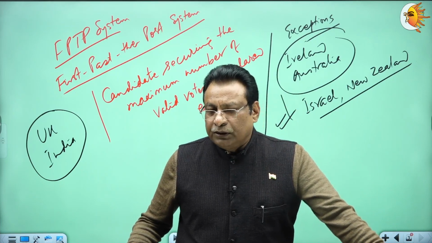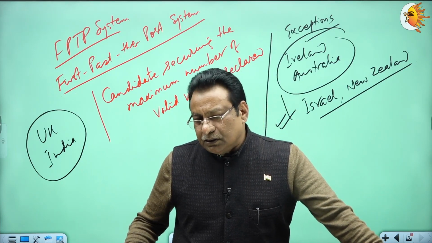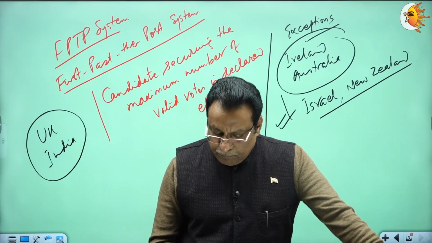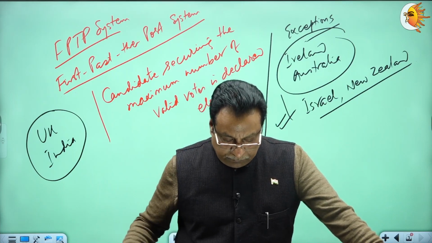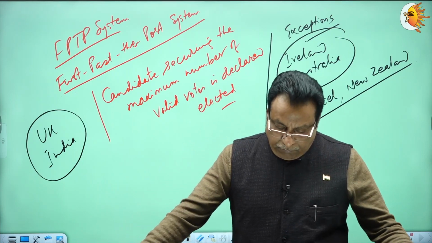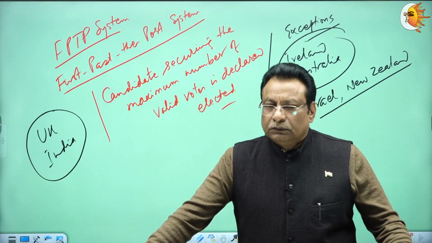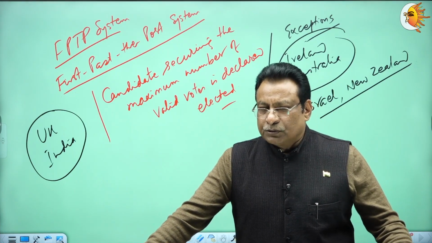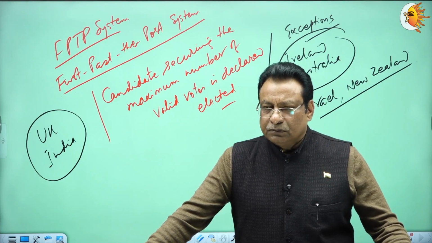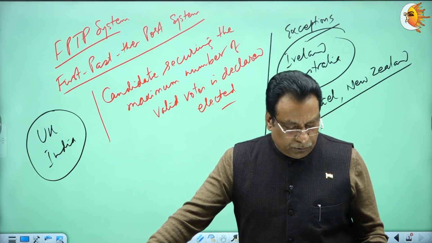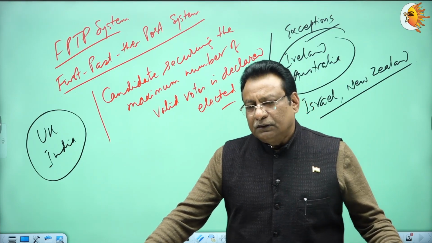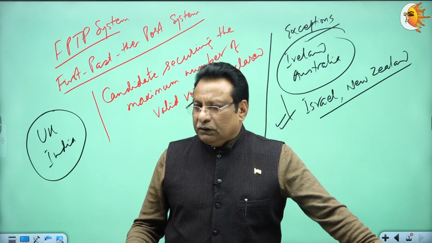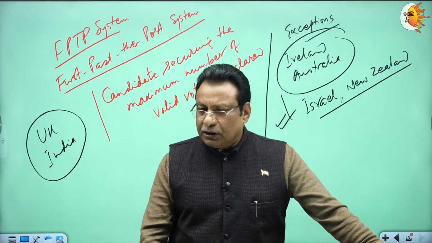And second point is, the legislature is indirectly elected through proportional representation. Both the houses, if bicameral, are indirectly elected through proportional representation.